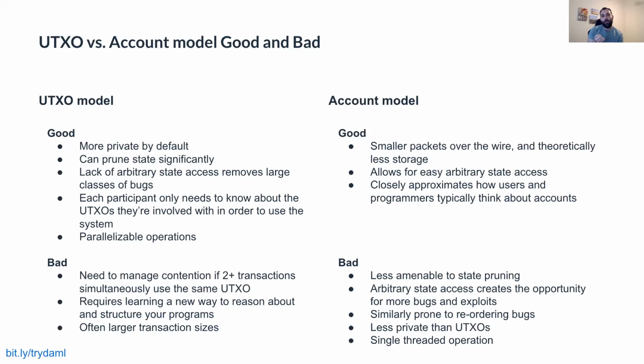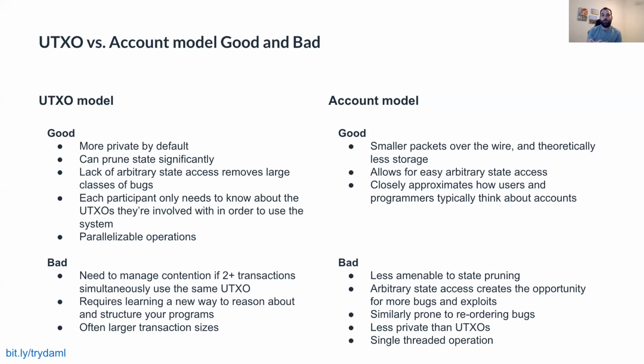However, in an account model, if I were to be spending from one account to another, every other account would also need to be somewhat aware of this transaction so that they can make sure I wasn't spending more than I had. That's not the case in a UTXO model. You can also prune the state significantly for that same reason, because every unit is discrete. Once it's used, that's it.